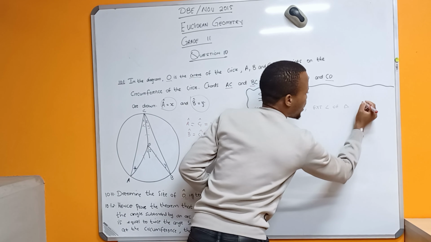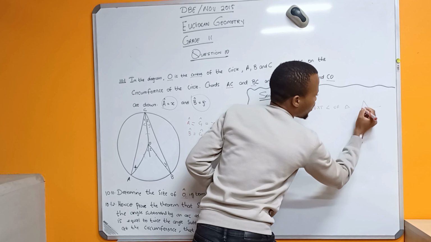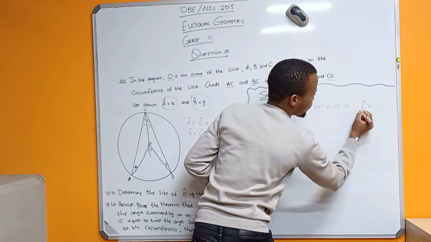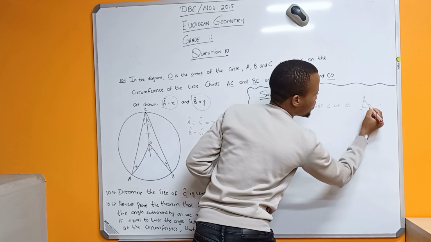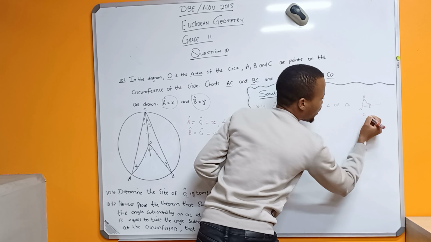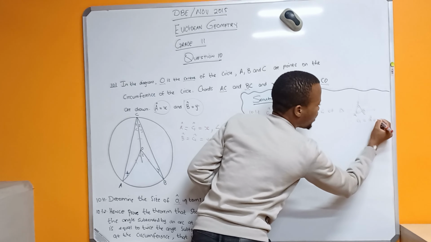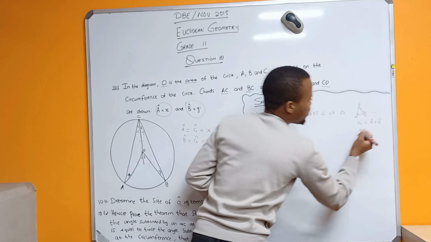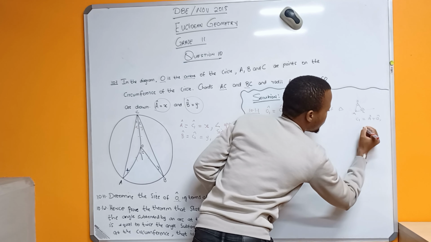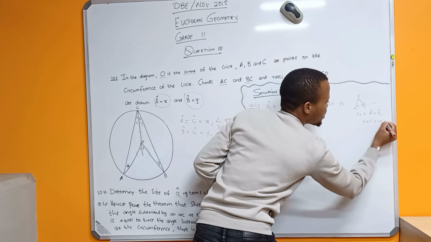We know that when we have a triangle, suppose A, B and C, with C1 and C2, C1 will be equal to the summation of A and B. The reason is that it's an exterior angle of a triangle.